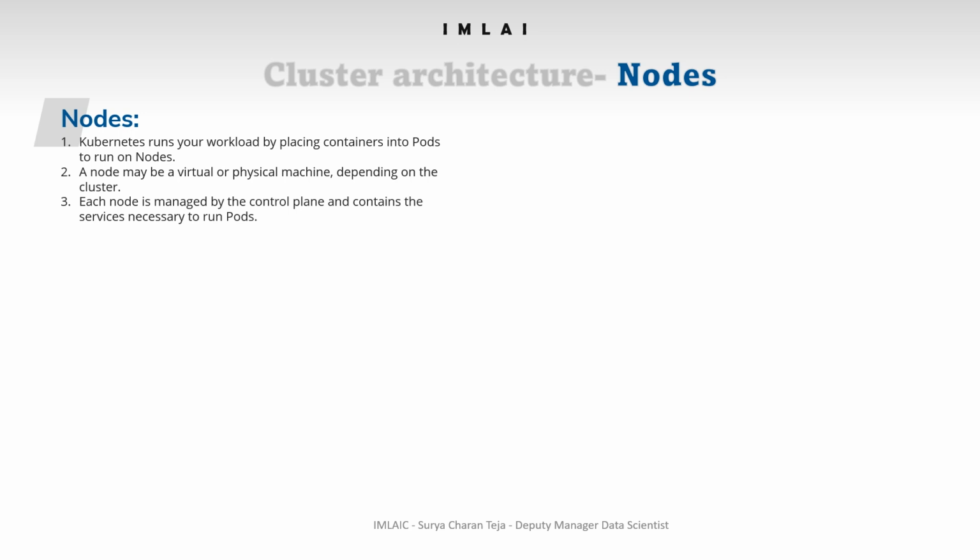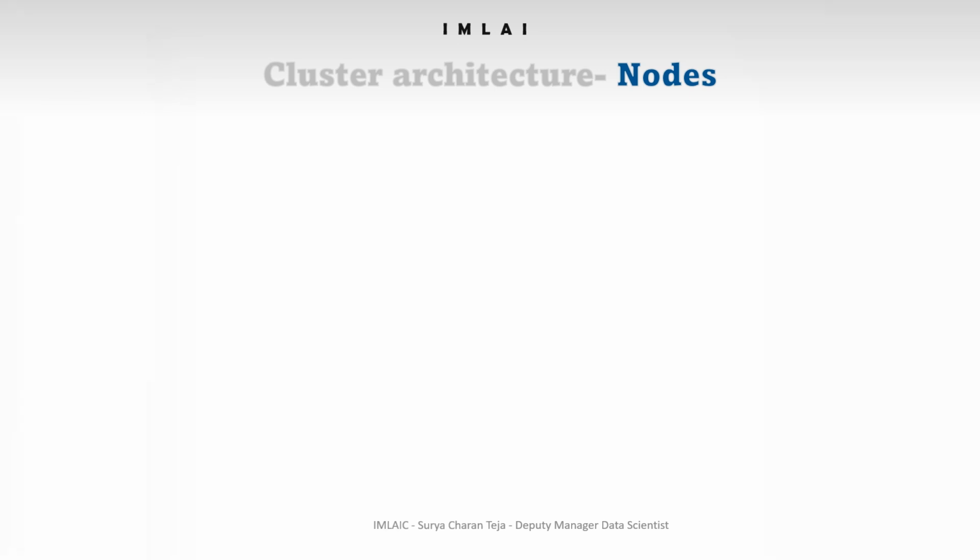We have seen the control plane in our previous slide, on the left portion of the slide. The components on a node include the kubelet, a container runtime, and the kube-proxy. Let me show that again.